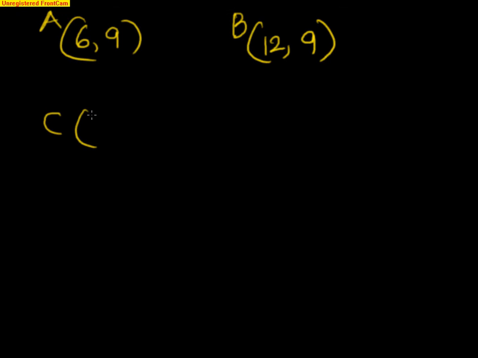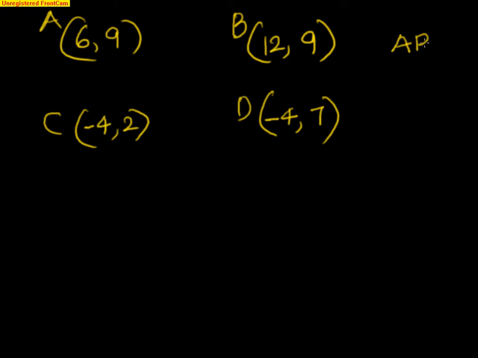Similarly, there are some other points, minus 4, 2 and minus 4, 7. Find the distance between AB and CD.